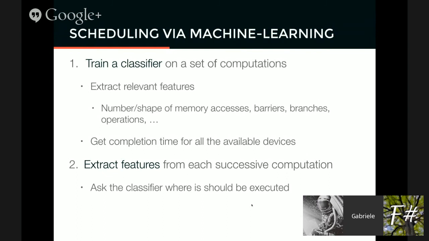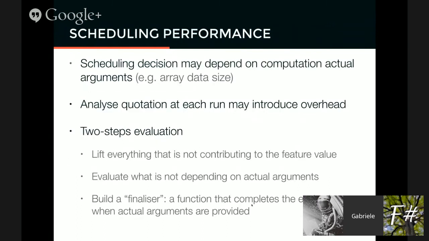This is really handy to do in F#, because since we have the quotation, we have access to the abstract syntax tree, and so we are able to extract all those features.